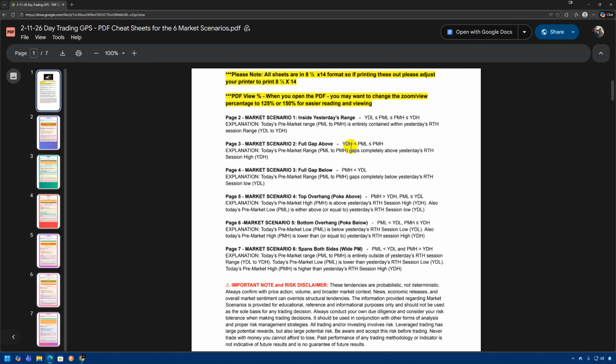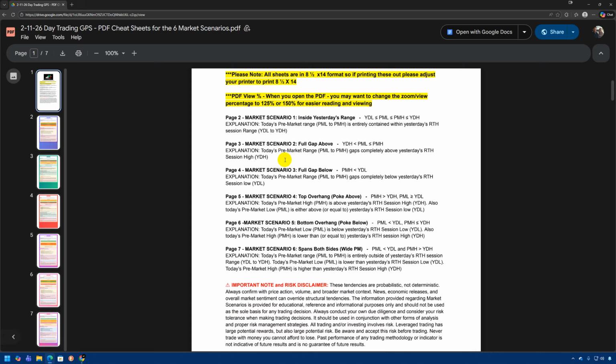Market scenario 2 is a full gap above today's pre-market range. The entire pre-market low to pre-market high range gaps completely above the RTH session high, YDH level. So this is a full gap above, where even the pre-market low, not just the open, is above.